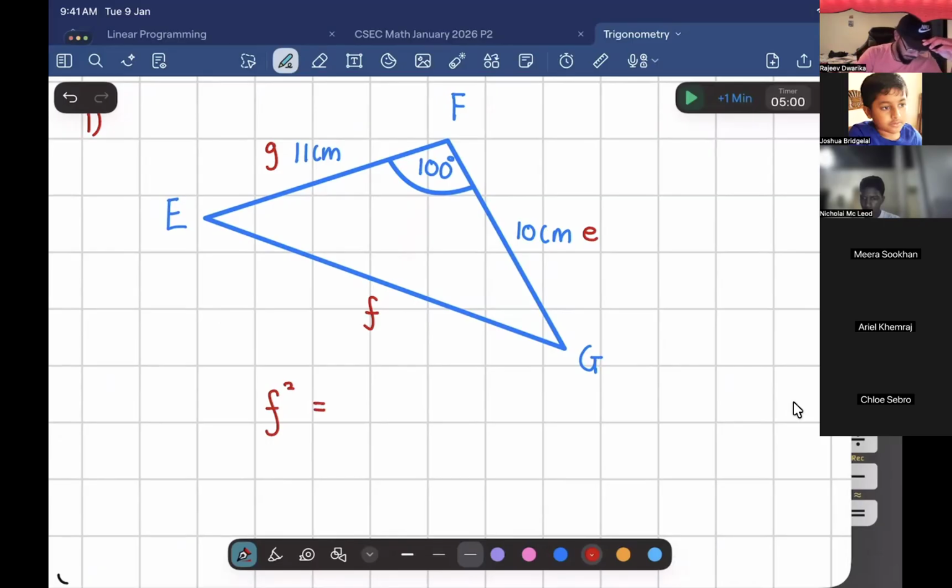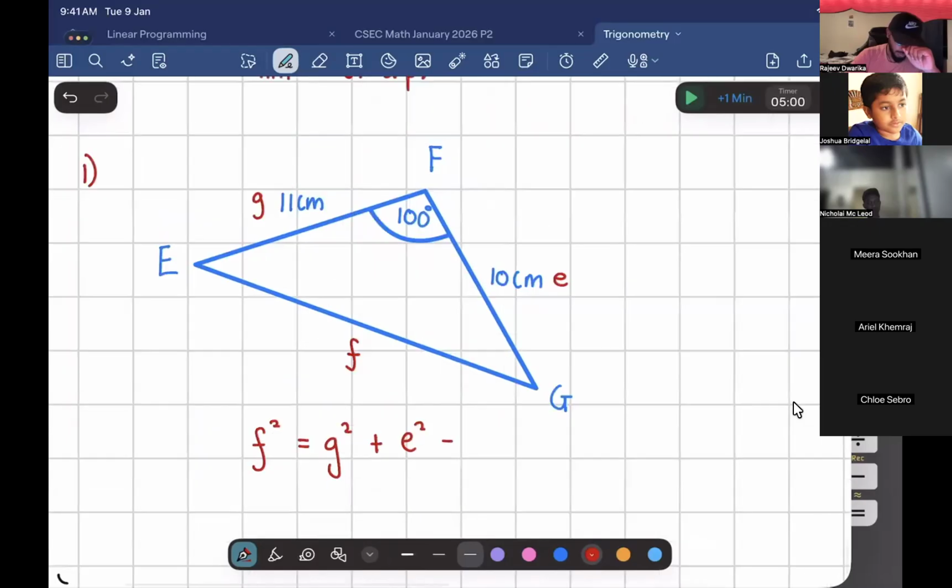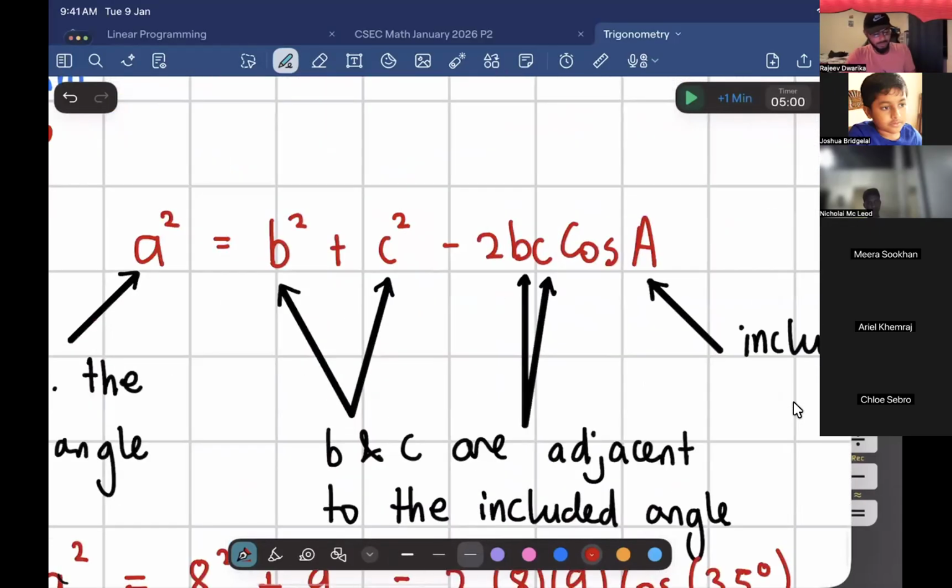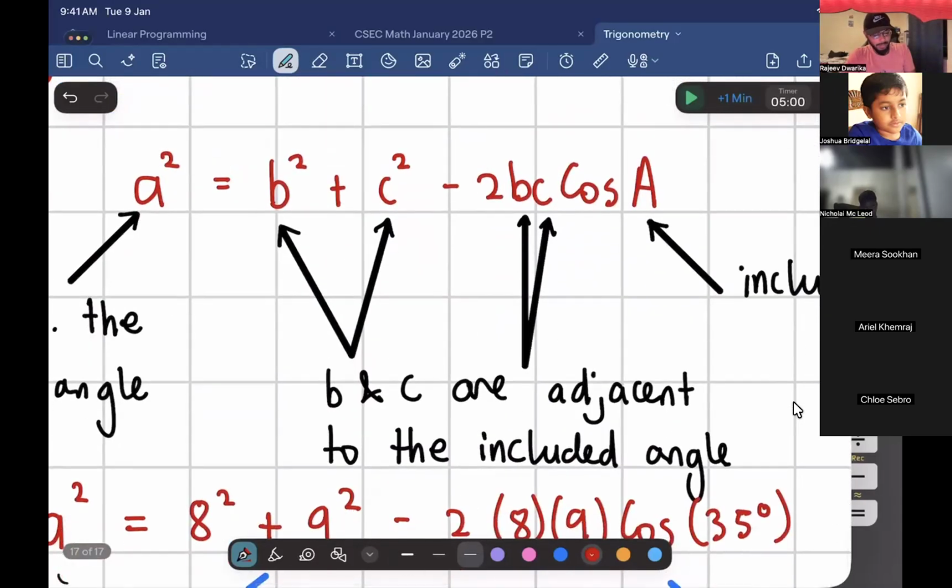So F squared will be equal to G squared plus E squared minus... check out the formula. It is minus 2 times the product of the adjacent sides, cosine of the included angle.